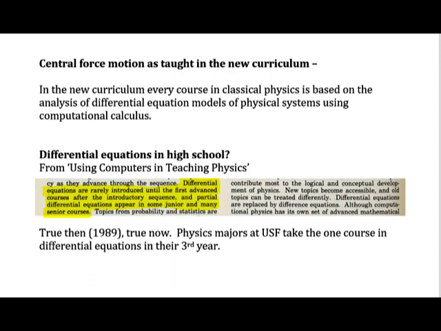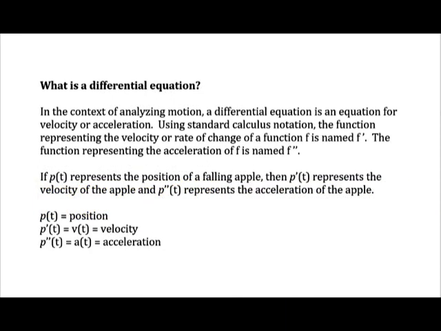How is it even possible? What is a differential equation? In the context of analyzing motion, a differential equation is an equation for velocity or acceleration. The standard calculus notation for the function representing the rate of change or velocity of a variable f is f prime. For us, this is just a naming convention, nothing more.